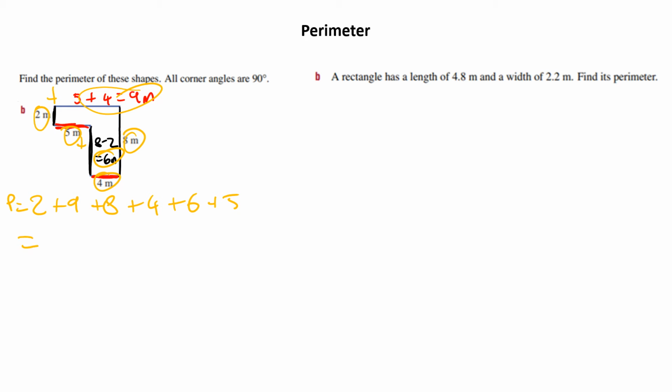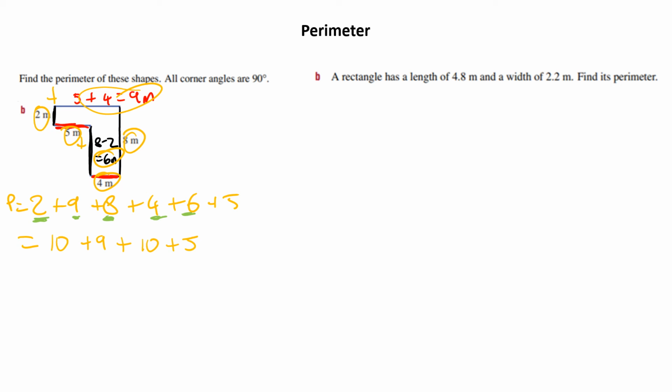Now I like to look at things I can easily put together here. So I've got the 4 and the 6 would be plus 10, 2 and 8, so 2 plus 8 is 10, plus 9, plus 10, plus 5. So what I did, just so you know, I've gone 2 plus 8, 4 plus 6, and I've still got my 9 left and the 5.